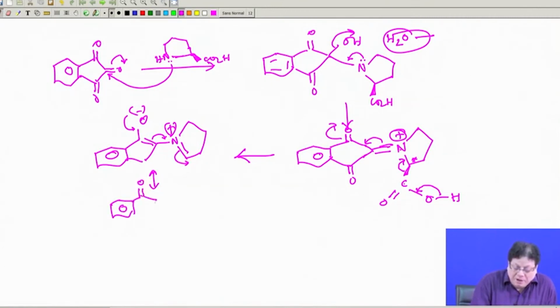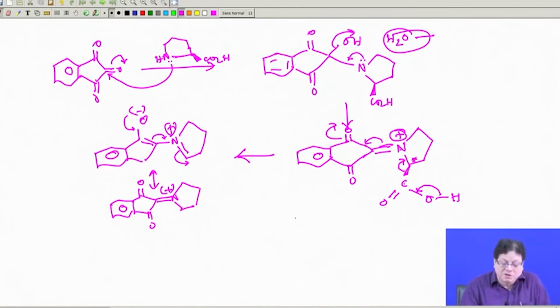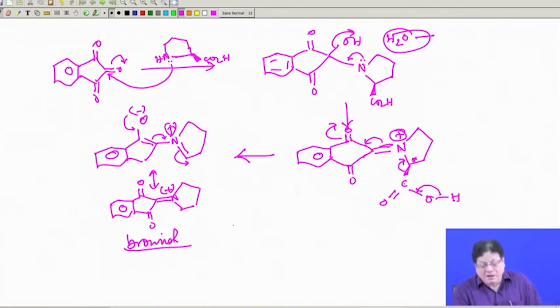Because of this resonance, you get a color, because extended conjugation is the main cause of coloration, and this is the hydrogen, but the nitrogen remains positively charged. And this is the brownish yellow color. So, proline behaves a little bit differently, because it is not able to produce the NH2 attached to the ninhydrin.